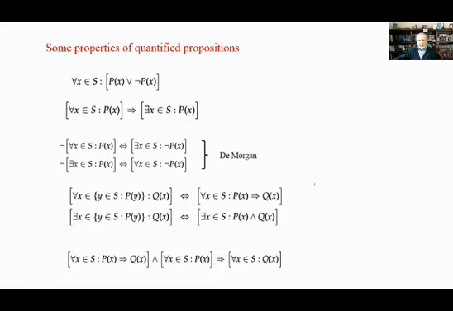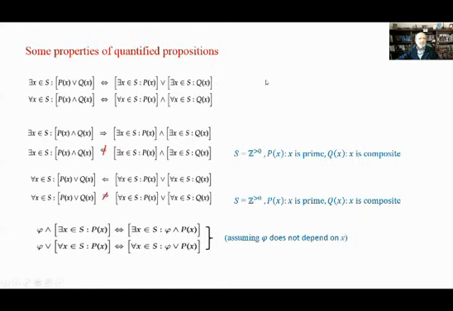So if you have P implies Q, and P is true, then Q is true. So that's what we're doing here. Px implies Qx, and Px is true, then for any x in S, Qx is true.